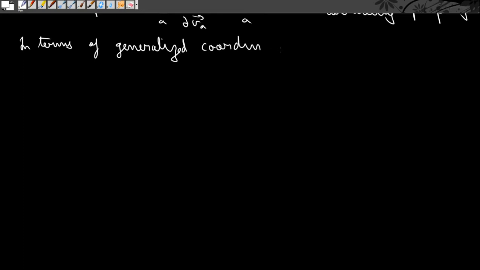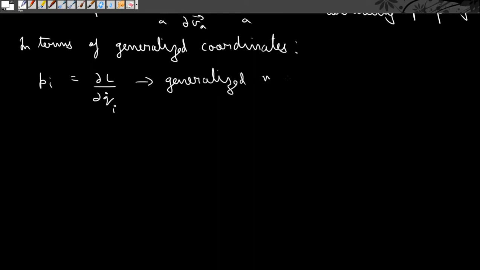what do we have? In terms of generalized coordinates, we define Pi as dou L by dou Qi dot, and we call this the generalized momentum. This is the ith generalized momentum. So this is the definition.